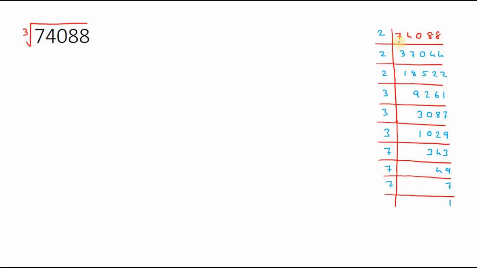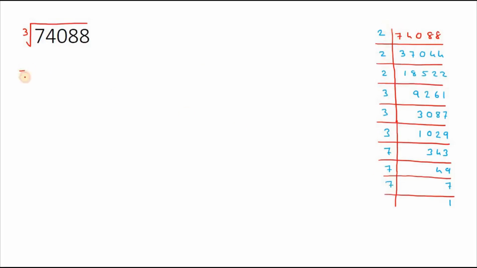I have to find out the cube root of 74088. So what do we do first? First we are going to prime factorize 74088. So let me do this for you first. If you look at the sums, I've done all the prime factorization.